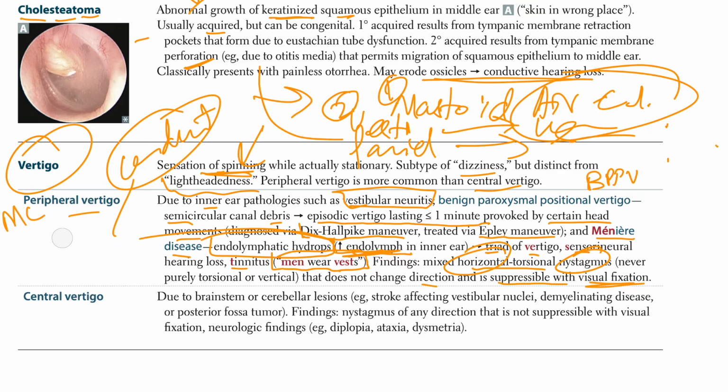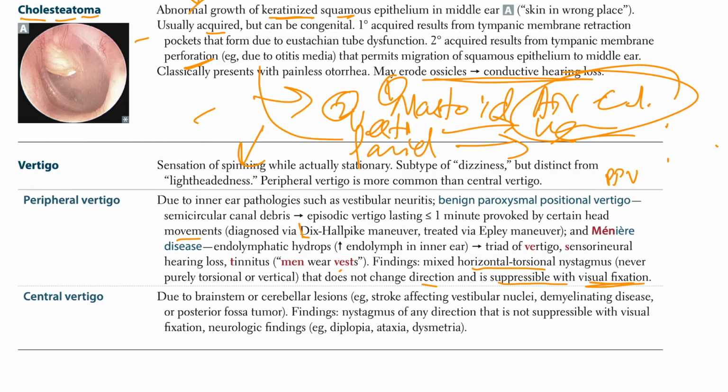So let's just review this whole peripheral vertigo. Peripheral vertigo is all about a sensation of spinning while you're still stationary. It is all due to inner ear pathologies, vestibular neuritis, and all that, right?